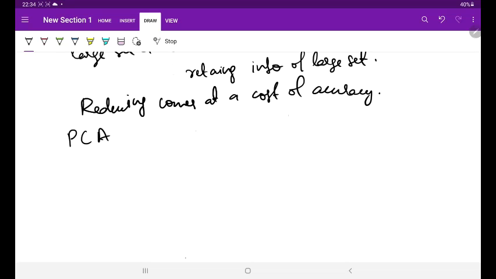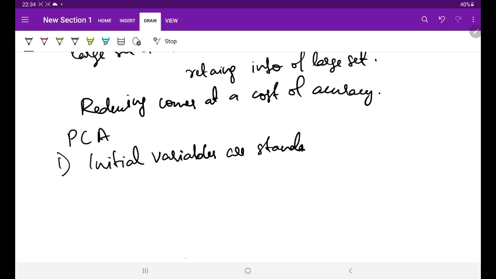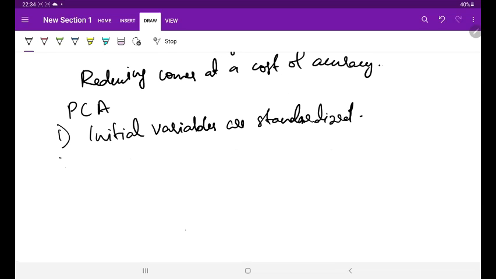PCA consists of 5 steps. First, the range of continuous initial variables is standardized. Then the covariance matrix is calculated to identify the correlations.